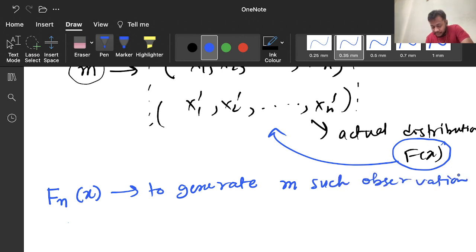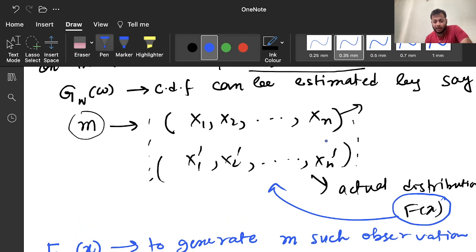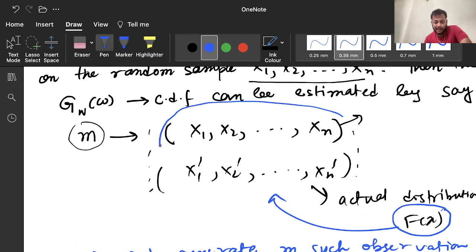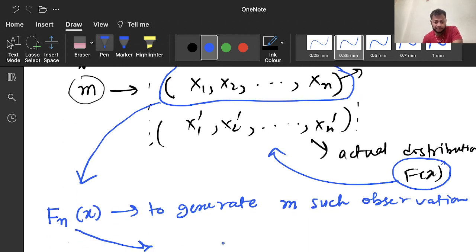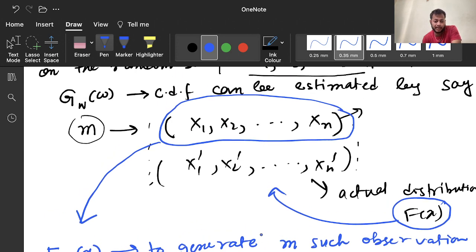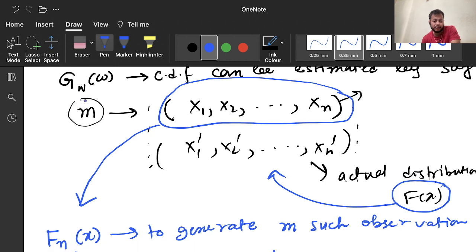So you see, we only have these n observations, and from them we make a distribution Fn x, and from this distribution we will again generate m such random vectors. That means we are bootstrapping whatever we have in our hand. We will again generate m vectors, and from there we will estimate the GW.